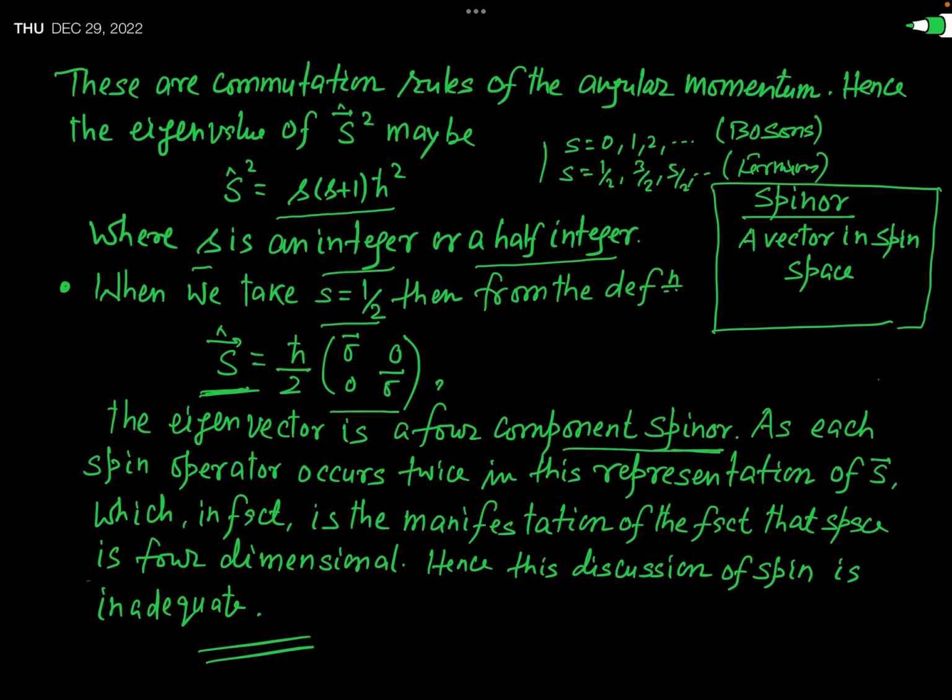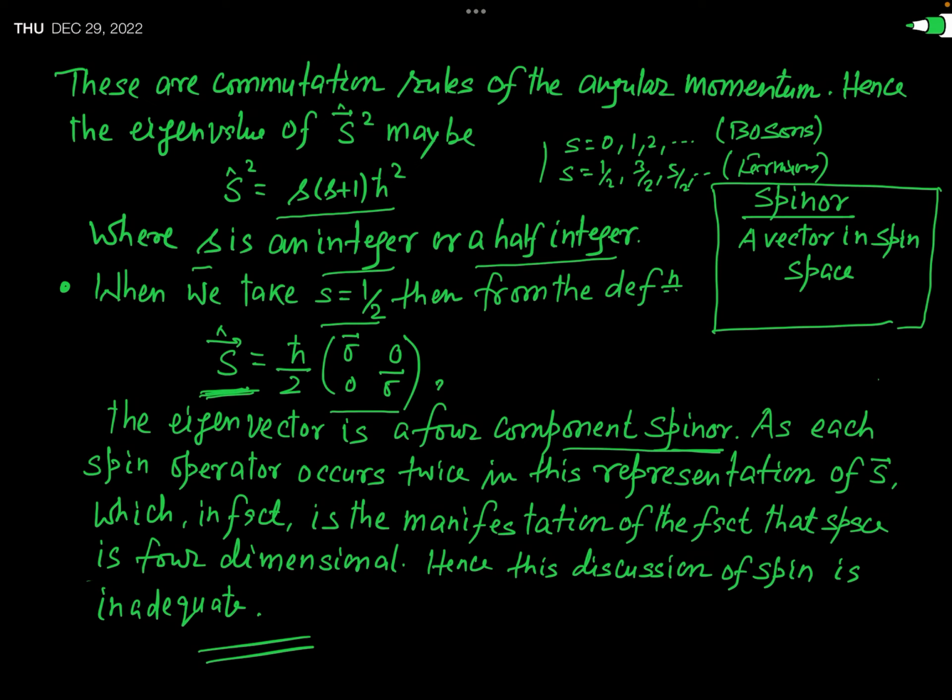Spinors are simply vectors in a spin space, with some peculiar transformation properties. So this form of angular momentum operator suggests that the eigenvector will have a 4 component spinor.